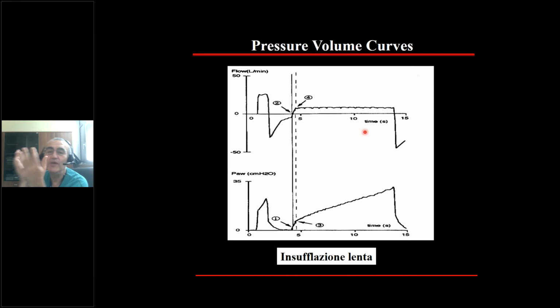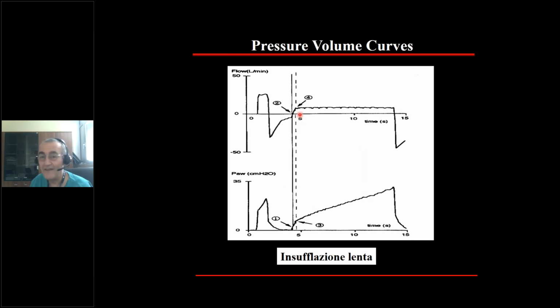How can we then construct our pressure volume loop? The most convenient method that now is largely applied all over the world is, sorry for the Italian, insufflazione lenta. It means slow inflation technique.